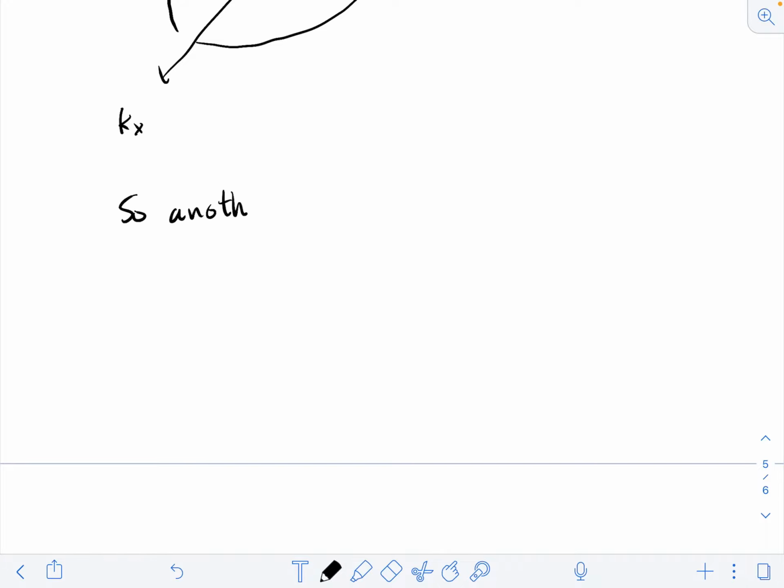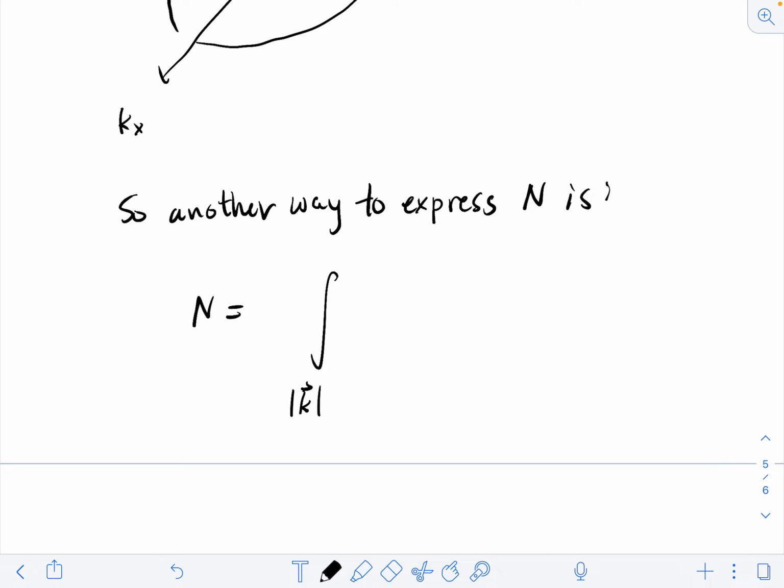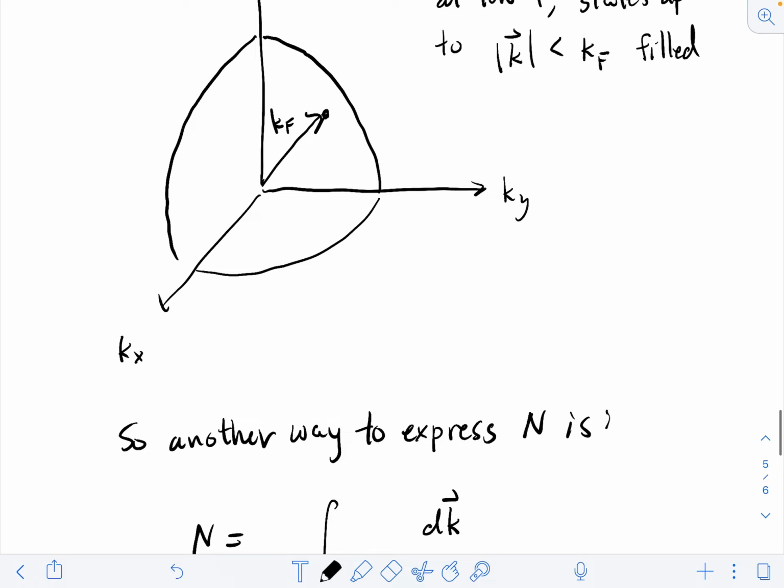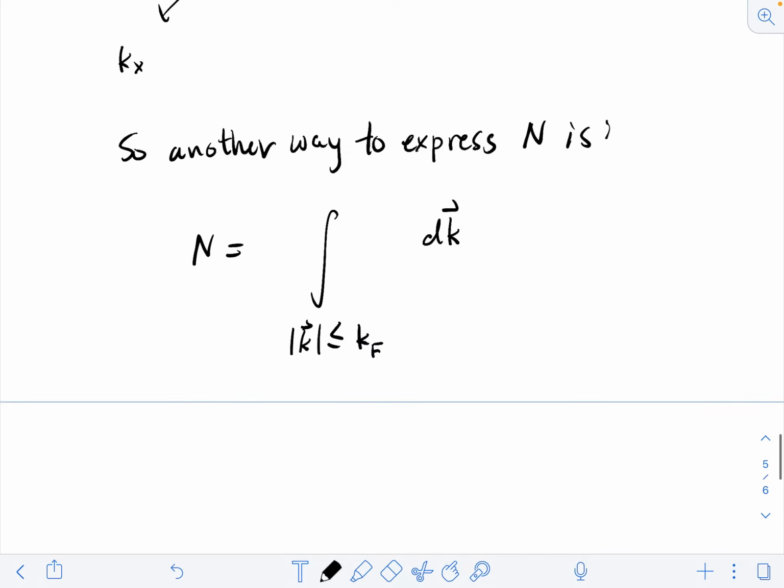So another way to express or to calculate n is the following. n is equal to, we're going to integrate over k from 0 to the Fermi wave vector, and if we did this integral of just dk, when we evaluated that, what we would get is the volume of that Fermi sphere.